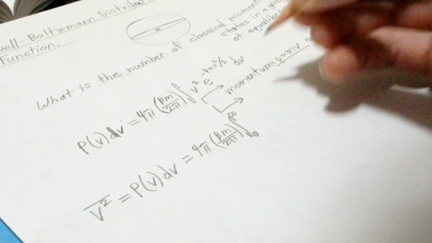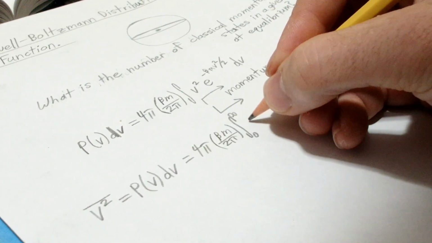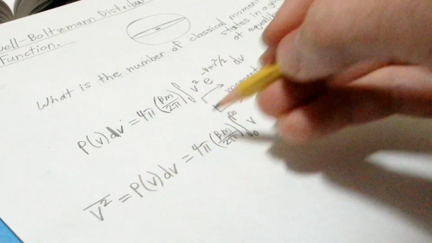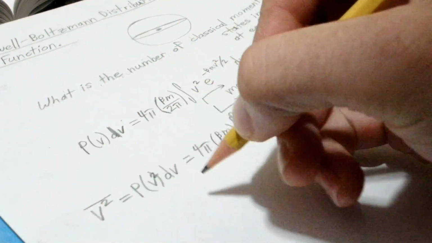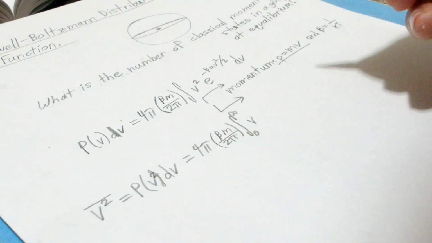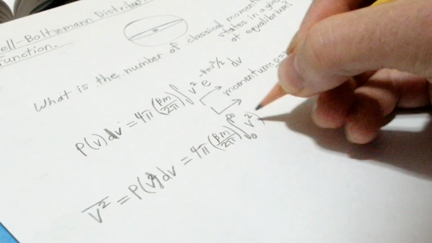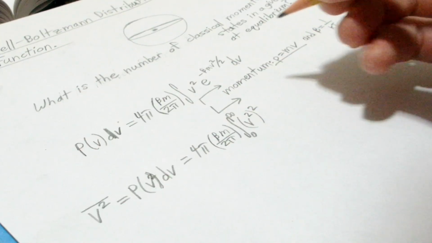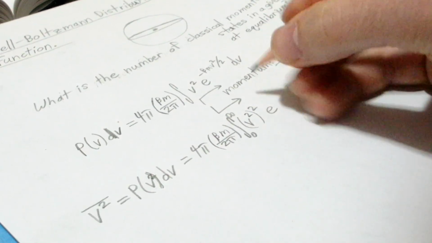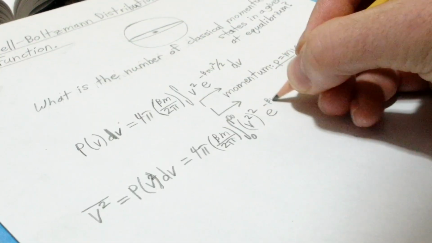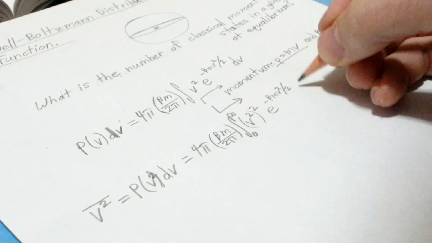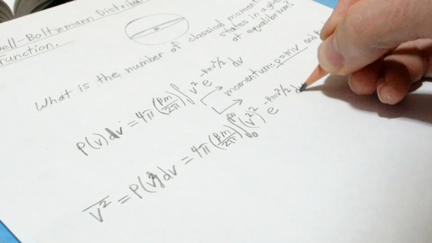So integration from 0 to infinity. And here we're plugging in v squared, because we want to know the RMS. So this will be v squared squared. And we take e to the minus beta m v squared over 2 dv.